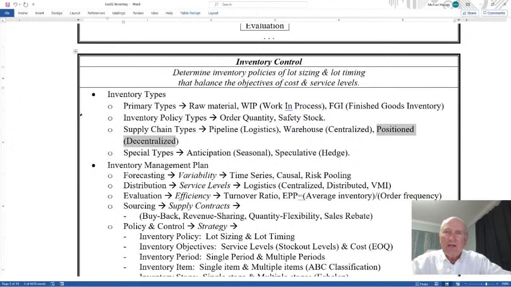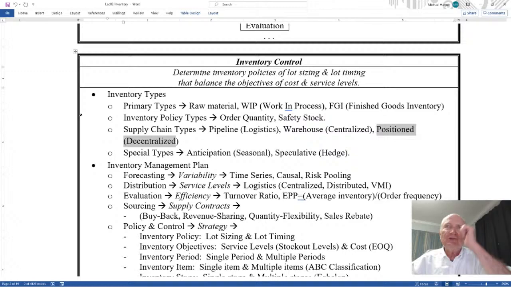It could be in retail stores, because a lot of times retail stores will have inventory in the back room. It could be in transfer points. It could be a lot of different places. And so rather than having a centralized inventory, you will have positioned inventory so that your service level will be high, because the closer the inventory is to the demand, the higher the service level, theoretically.